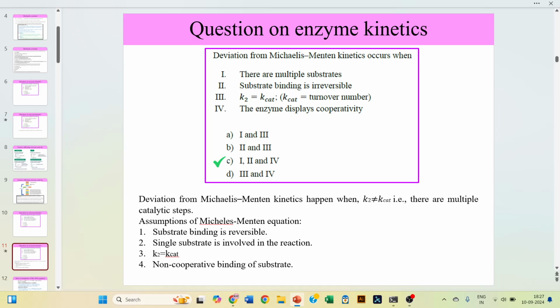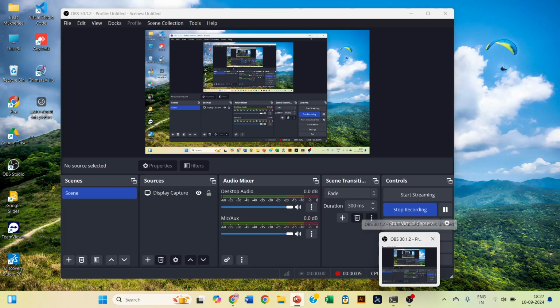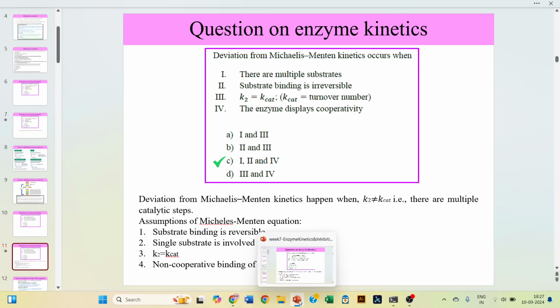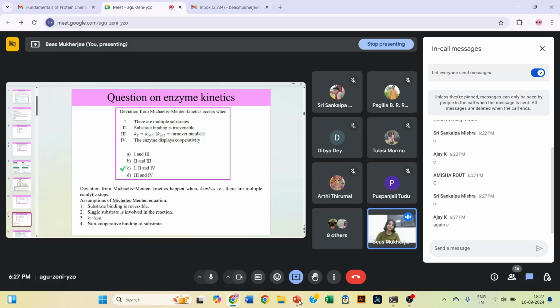Because see, Michaelis-Menten equation does not talk about multiple substrates. It talks only about a single substrate. That is also one assumption, that there is only a single substrate involved in the reaction.